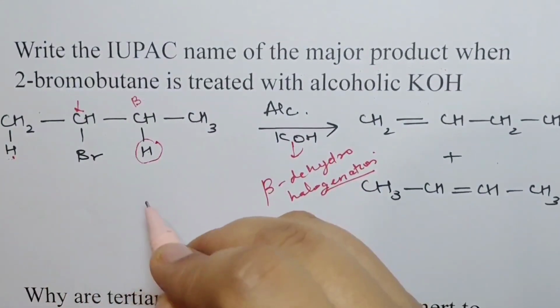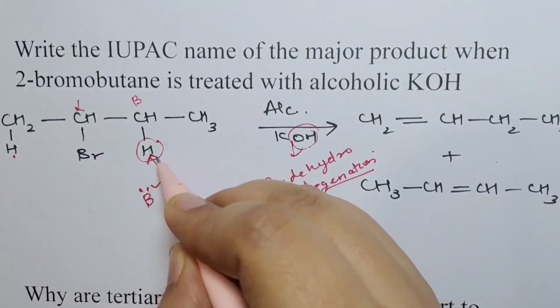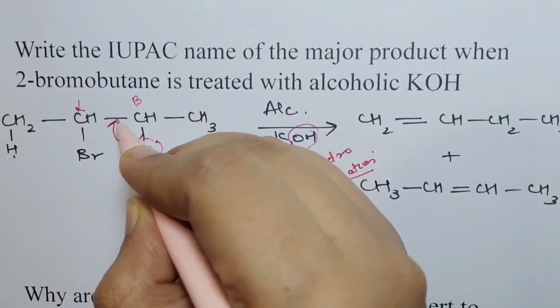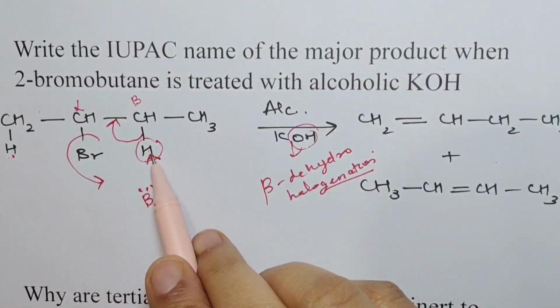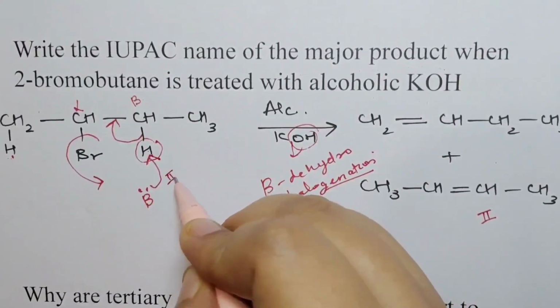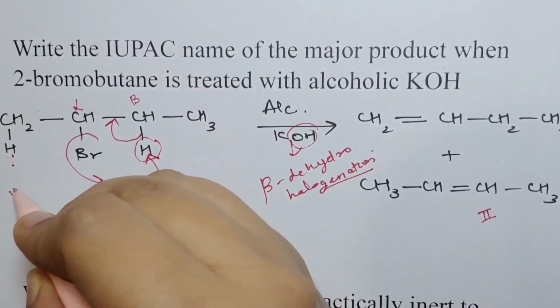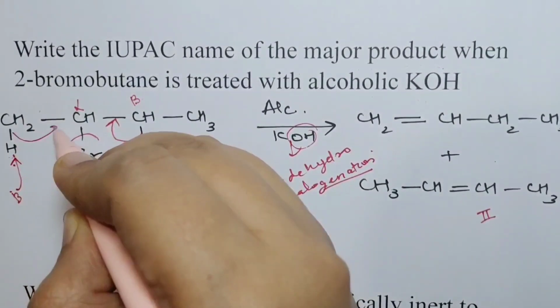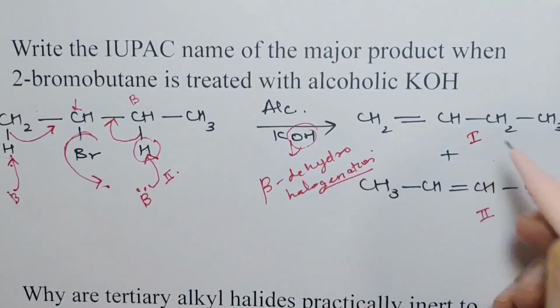Now how the reaction proceeds is, this KOH being a base, it will abstract the proton. These electrons would be shifted here and bromide would be released. Okay. In that case, the product formed would be this. But if the base abstracts this proton, in that case, these electrons would shift here and bromide would be released and this product would be formed.